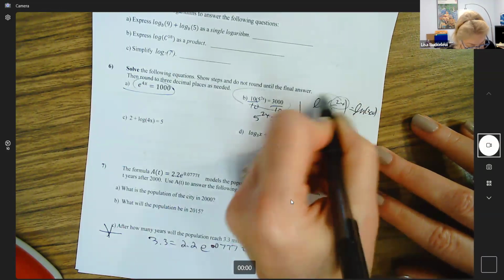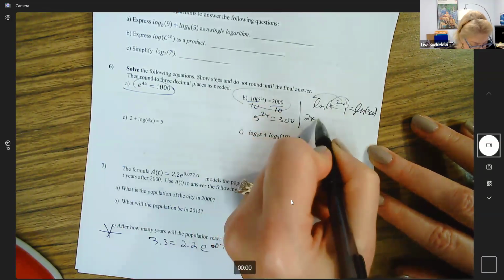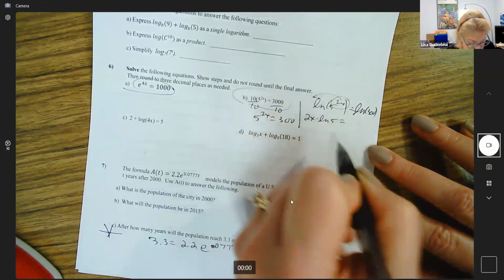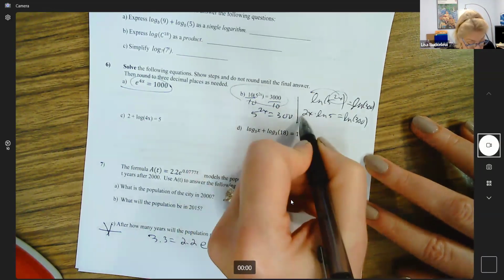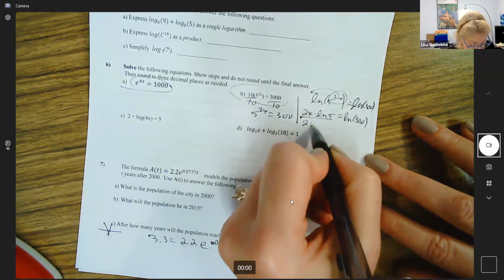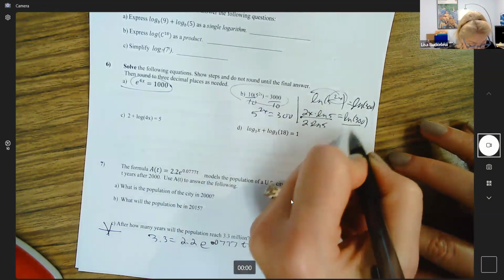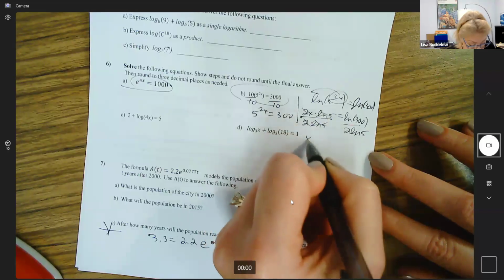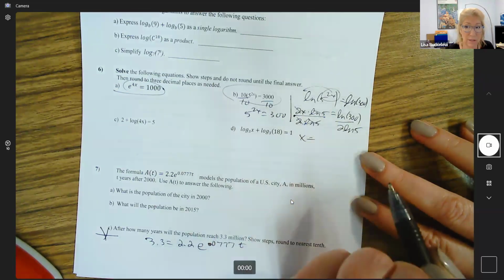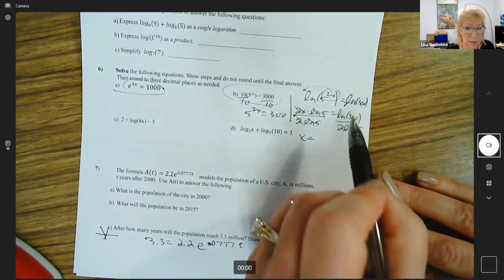If the base isn't e, when you get to this step, you bring it out in front. And then what's going to happen is you'll divide, but you're going to divide probably a logarithm and a number to the other side. x equals this fraction. So that's what you'd have to put in your calculator.